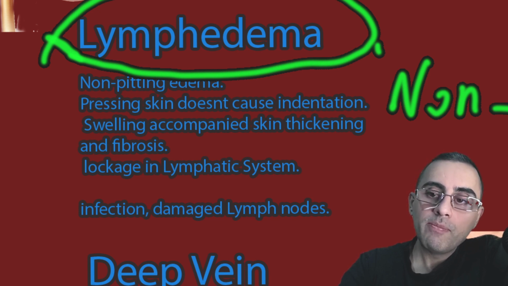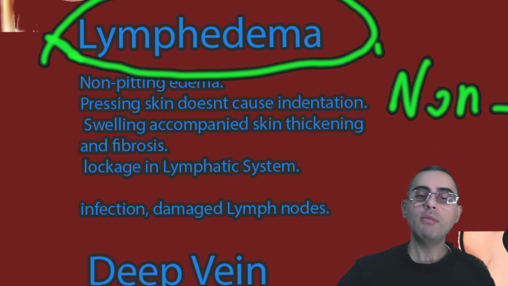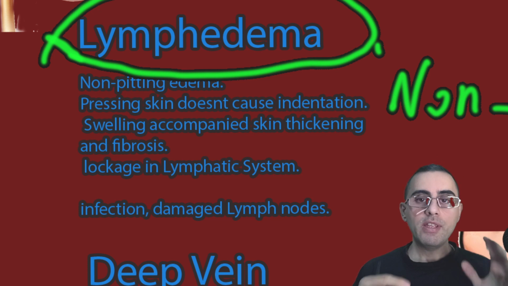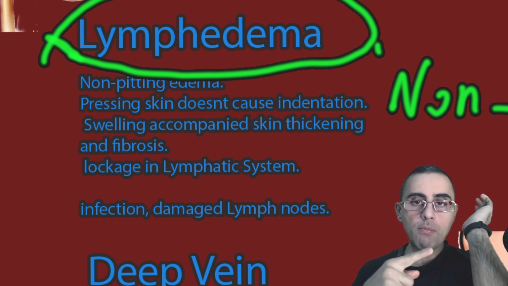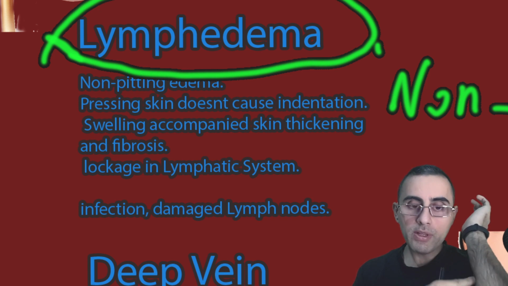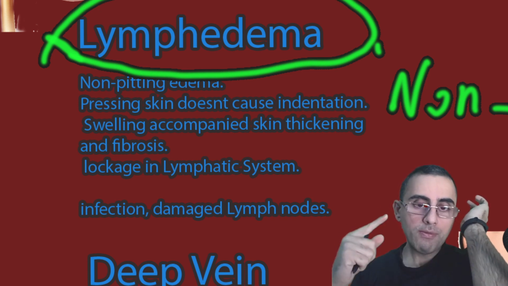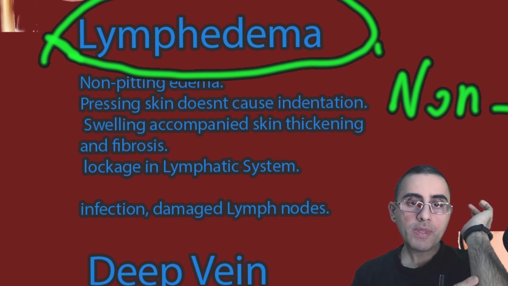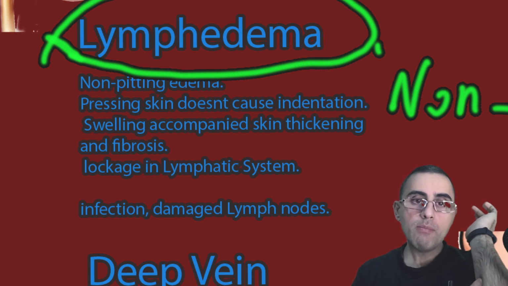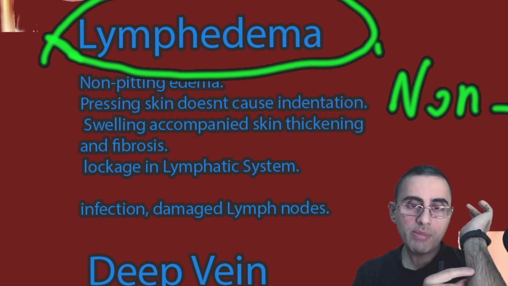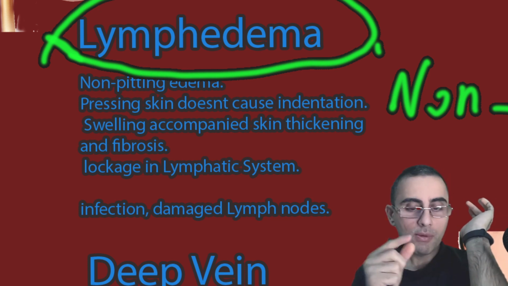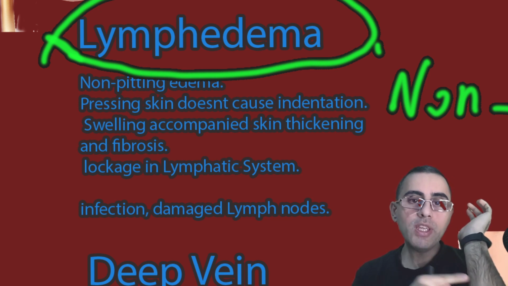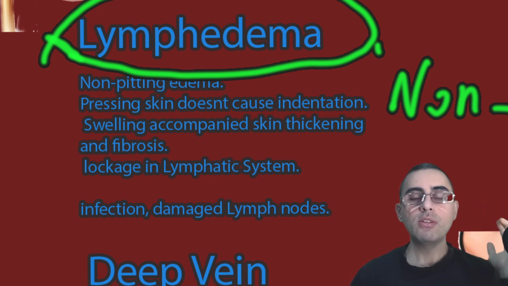Now what does it mean? When we have lymphedema, we have non-pitting edema. It means that if you compress this swelling area and remove your finger, there will not be indentation, there will not be a pit, because in lymphedema we have fibrous tissue here, thickened skin, and no indentation. That's why it is called lymphedema.